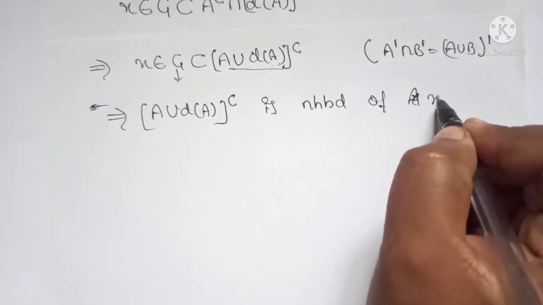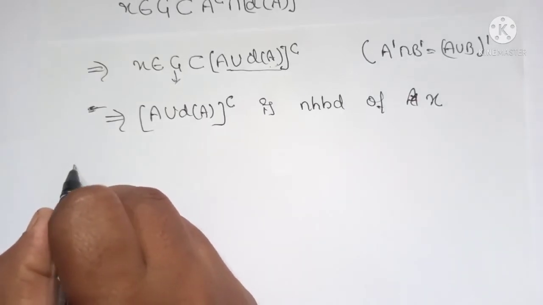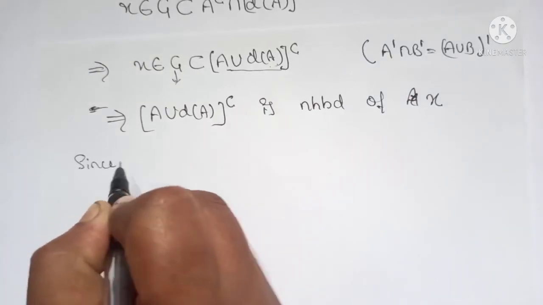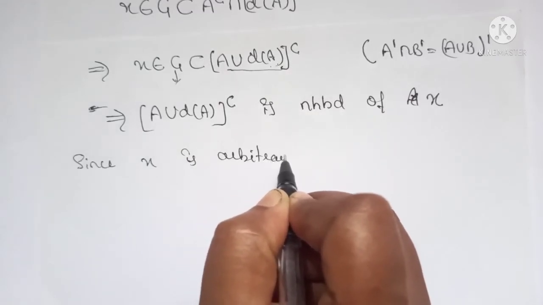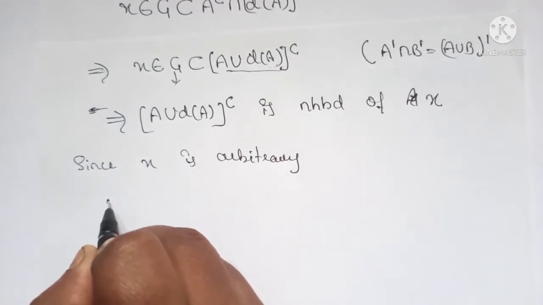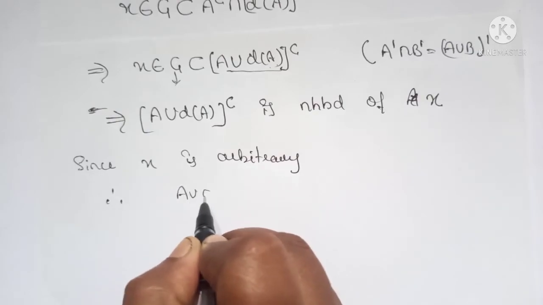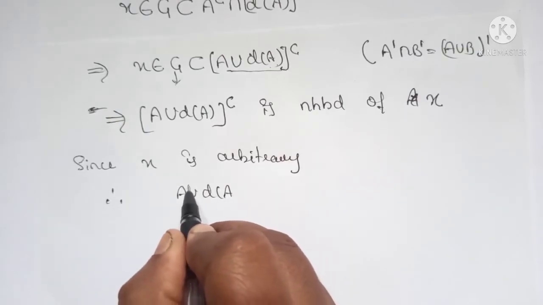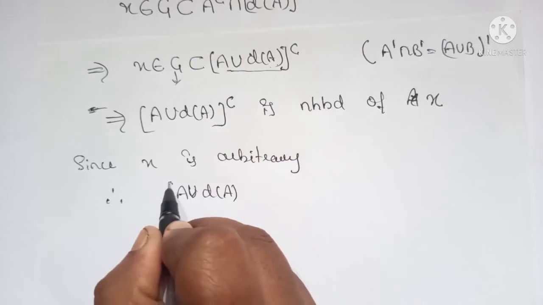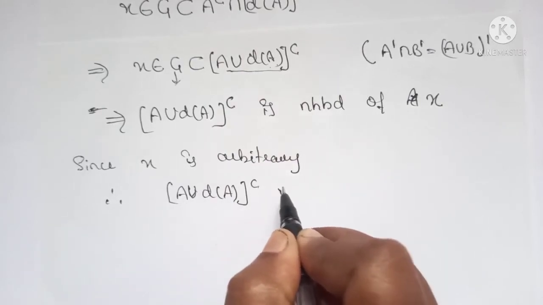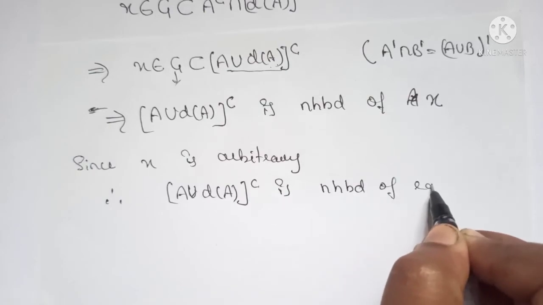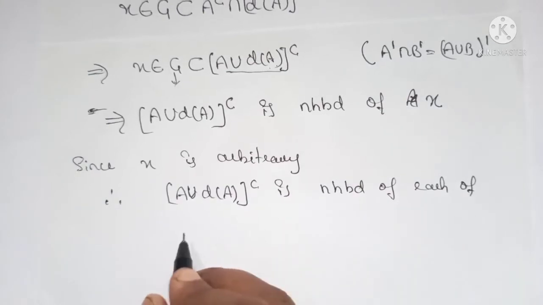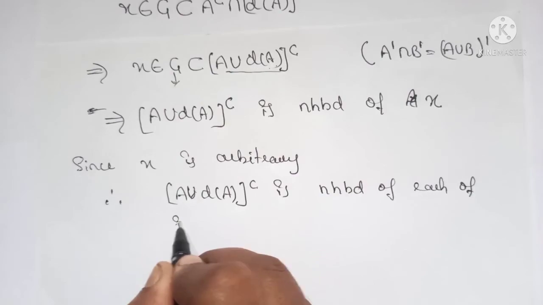Now since x is arbitrary, we can say that the complement of A union derived set of A is a neighborhood of each of its points.